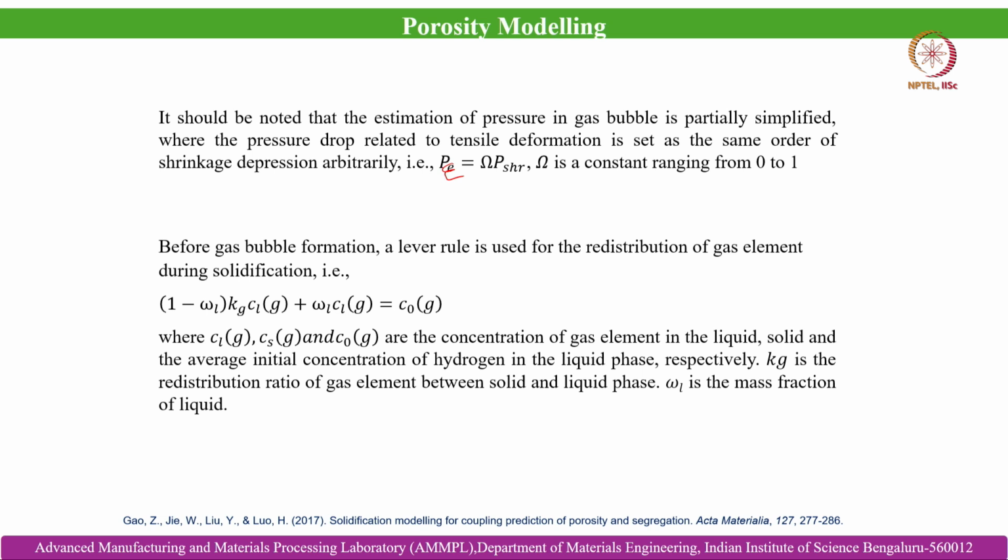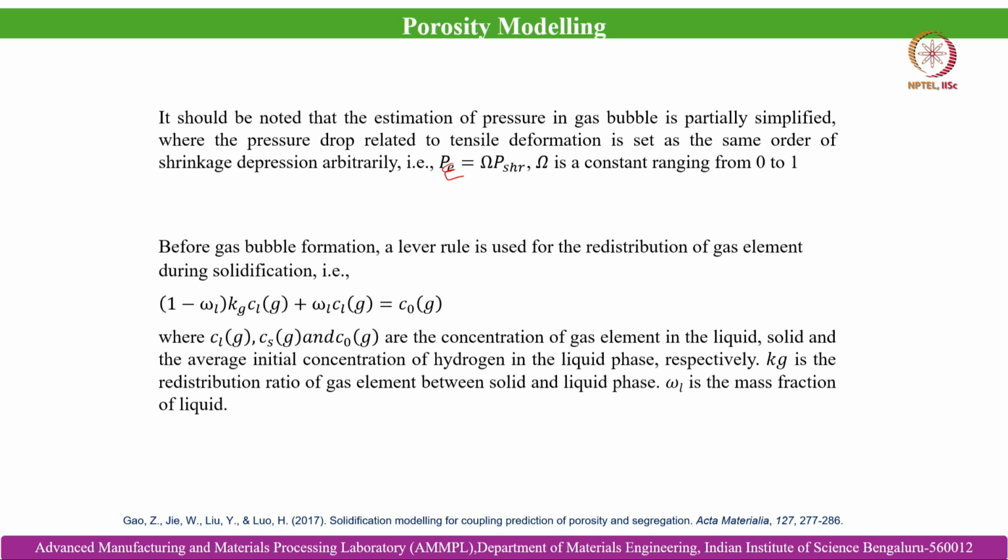Before gas bubble formation, a lever rule must be used for the redistribution of the gas element during solidification, which can be expressed as (1 minus omega L) times k g C L g plus omega L C L g is equal to C 0 g.